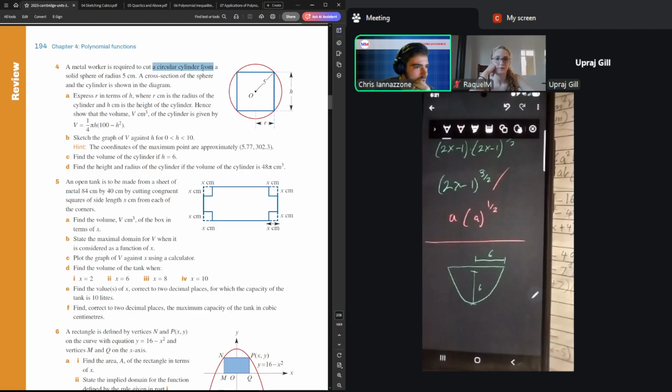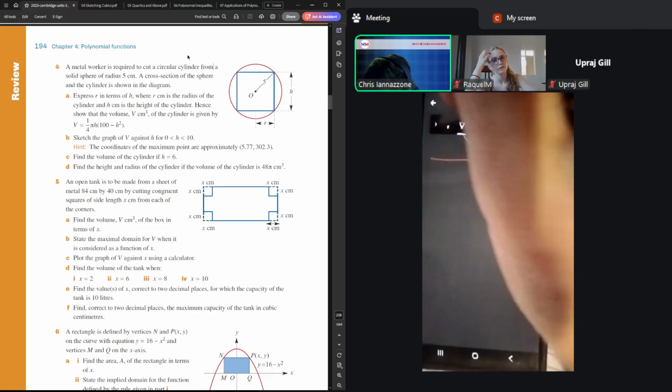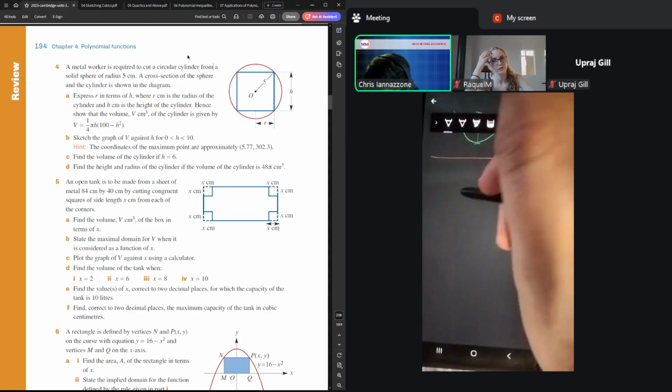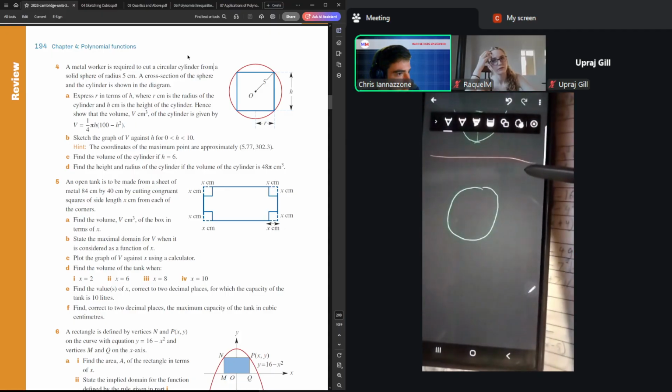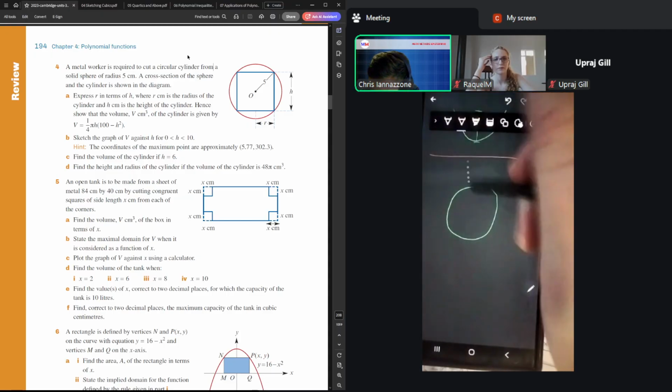So we're cutting a circular cylinder from a solid sphere. Let's say I'm going to try and draw my own picture for this just to get a better idea of what I'm looking at. So this is going to be a top down of the sphere, and you want to cut a circular cylinder from that. So at least it's got to be smaller.